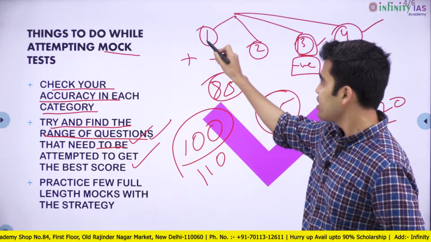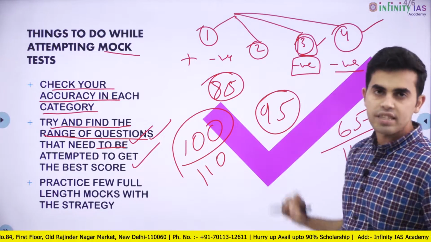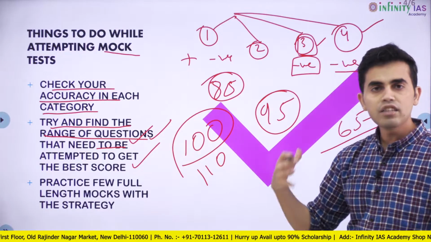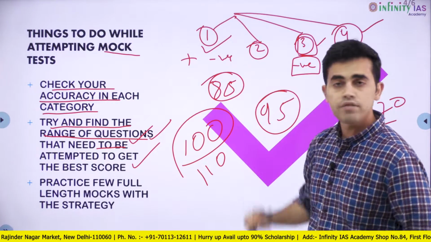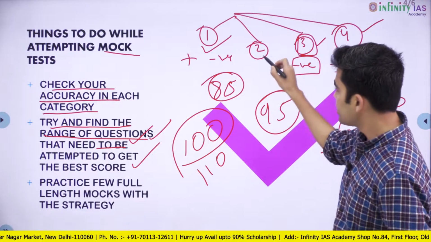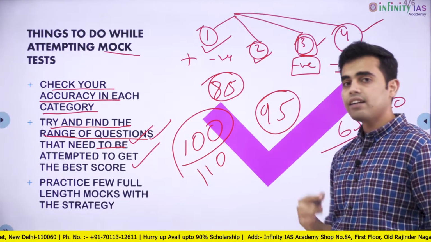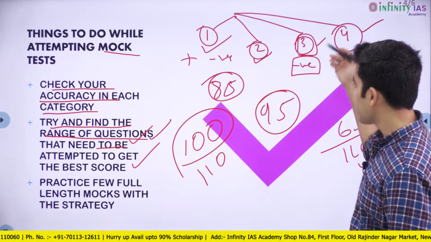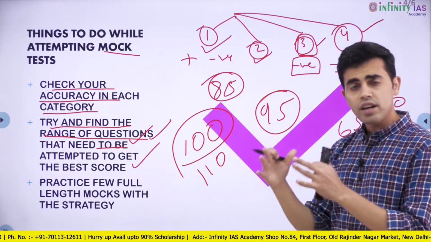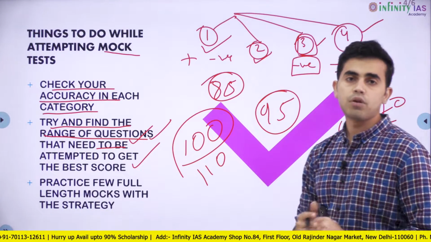So calculate the number of questions that need to be attempted from each of these categories so that you are getting the best score. You will obviously attempt all the questions from the first category. Then see how many questions attempted from the second category give you a good positive score. Then again see how many questions you attempt from the third category will give you a good positive score.